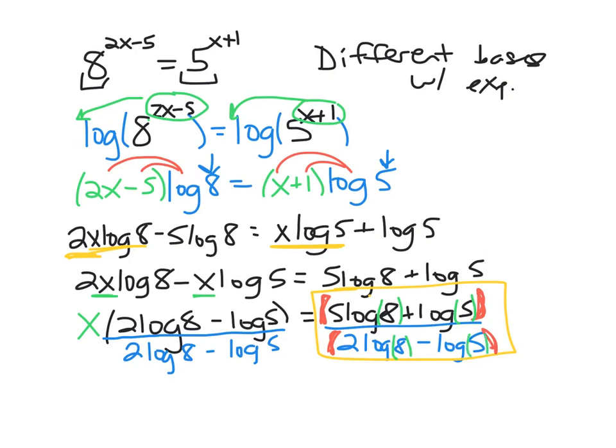So we type that whole thing with a bunch of parentheses, 5 log 8, close little parentheses, plus log 5, close little parentheses, close big parentheses, divided by parentheses, 2 log 8, little parentheses, minus log of 5, little parentheses, big parentheses. When I do all of that, I get that x equals 4.7 when we round.